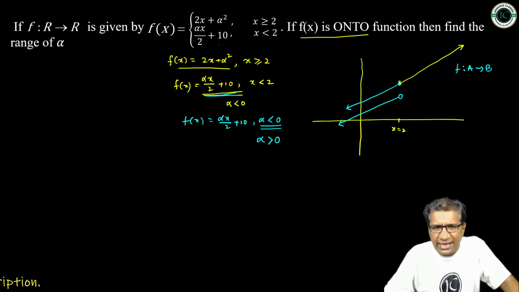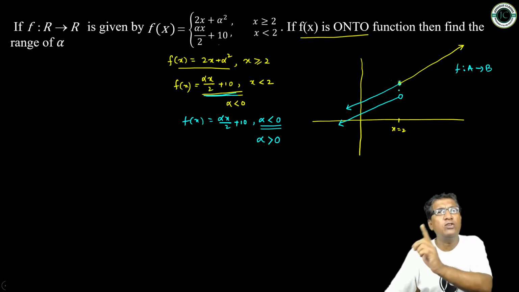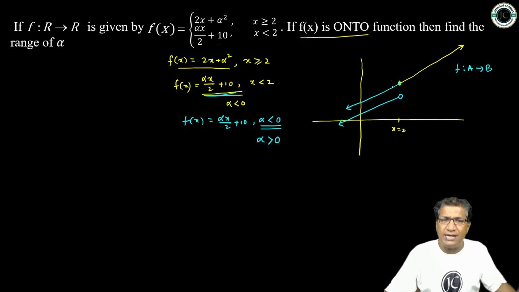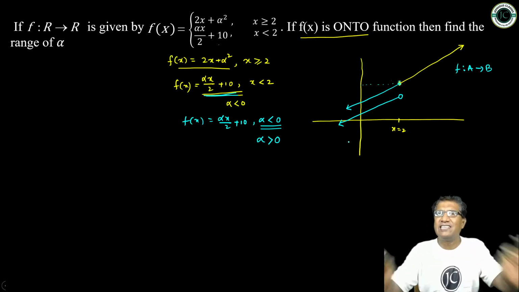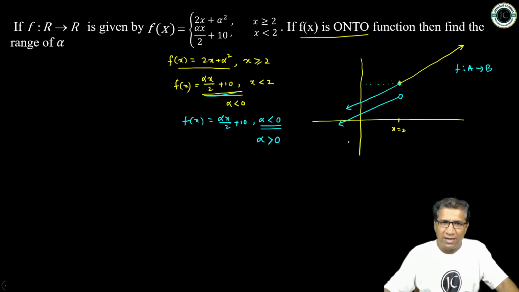Why have I drawn this as solid? Because it may so happen that when x is approaching 2 from the negative direction, the function is approaching the value at x equals 2. It may so happen. Or else, the line can be like this.